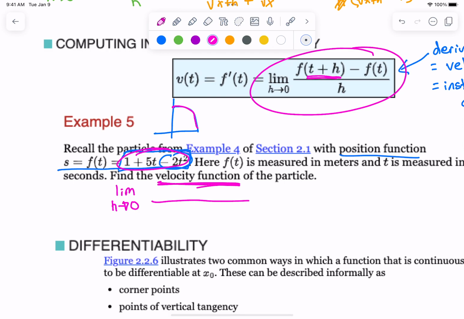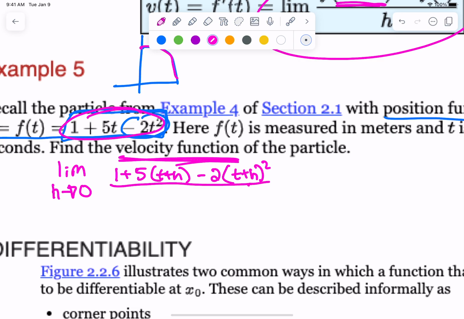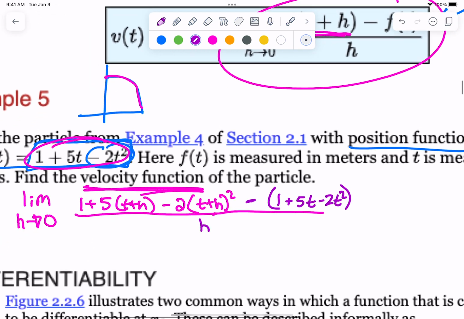I'm going to start writing f of x, which is 1 plus 5t, but instead of t, I have t plus h, minus 2 times t plus h squared. That's my f of t plus h function. Got it? Questions about that? Then I do minus this guy, which is f of t. So it's 1 plus 5t minus 2t squared. That's just my original f of t function. All over h.